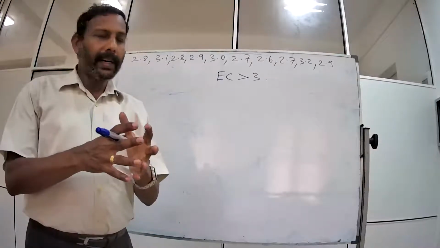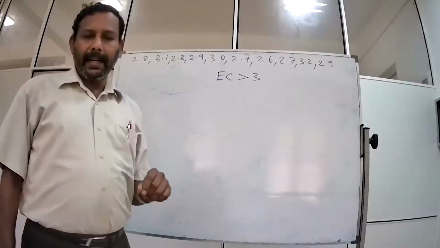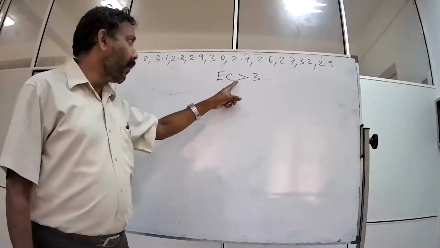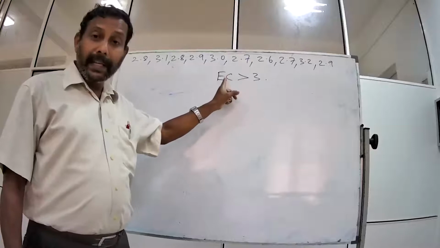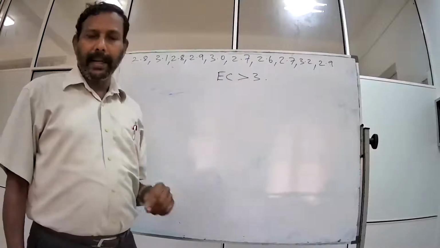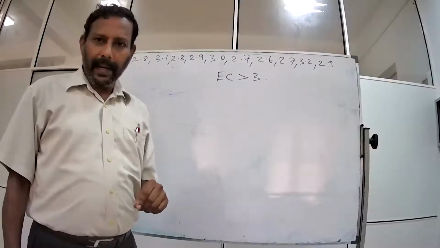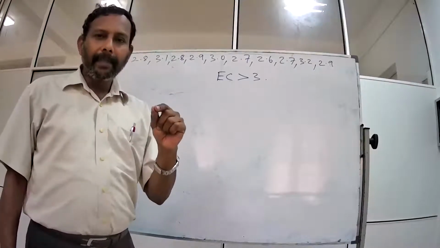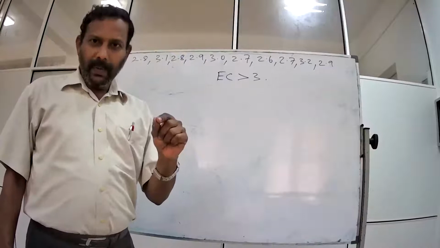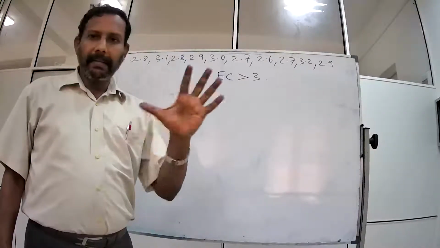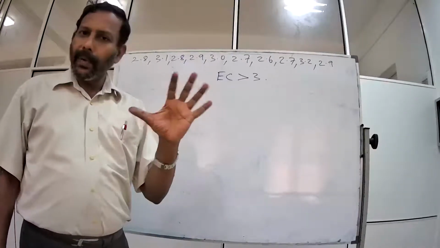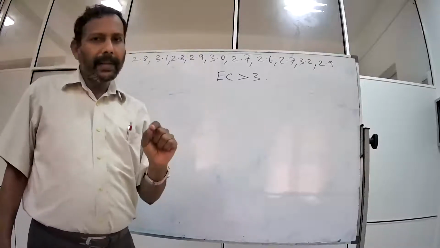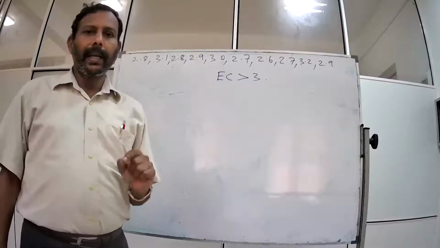The standard is, if the irrigation water EC is more than 3, it is not suitable for irrigation. If it is less than 3, it is good for irrigation.